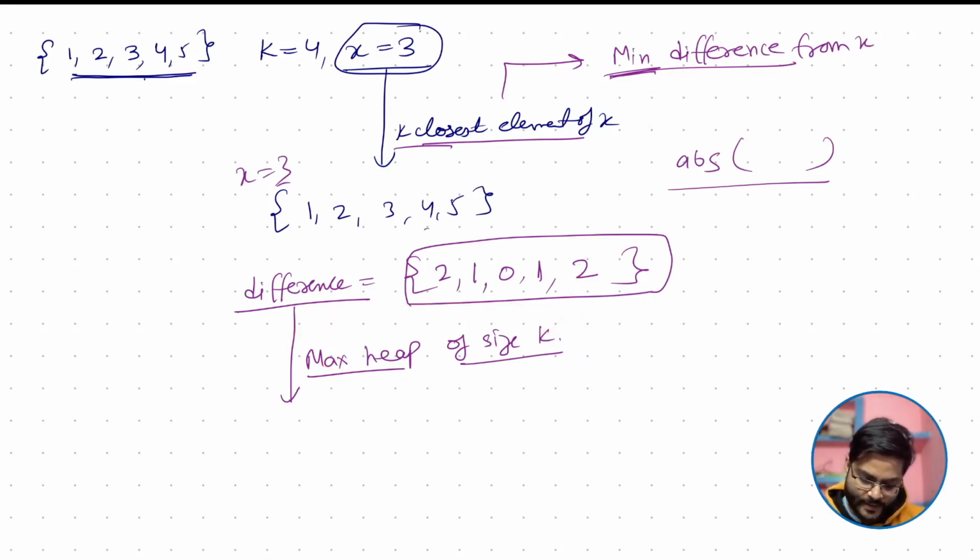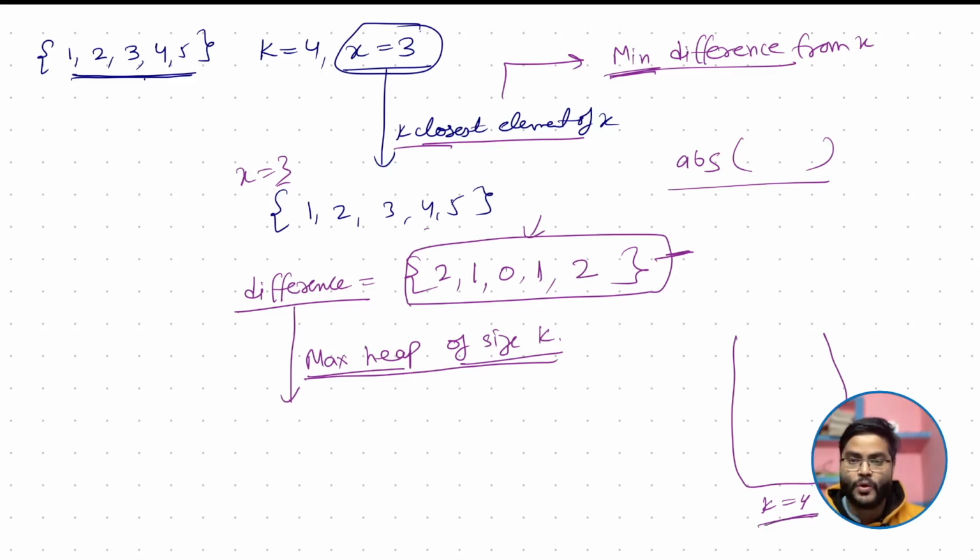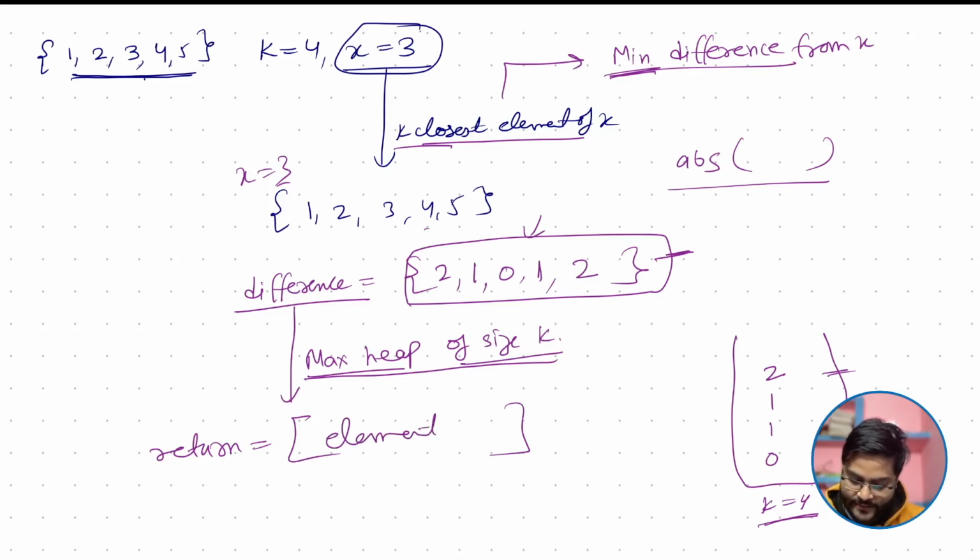Now if we take a max heap of size k, where k is 4, the number of differences is 5, but we can store the 4 closest ones. The 4 closest will be 2, 1, 1, 0. Now we need to return the element, not the difference.